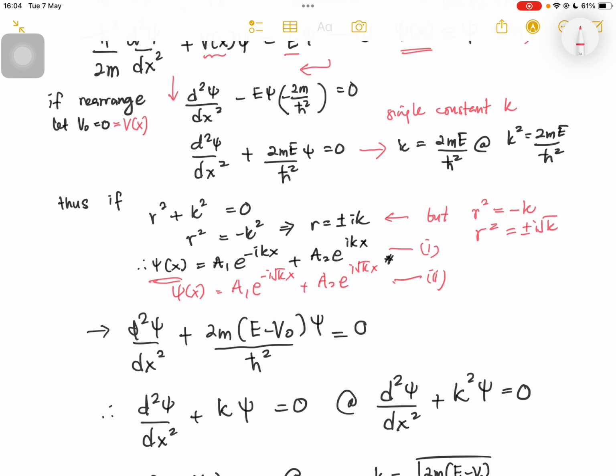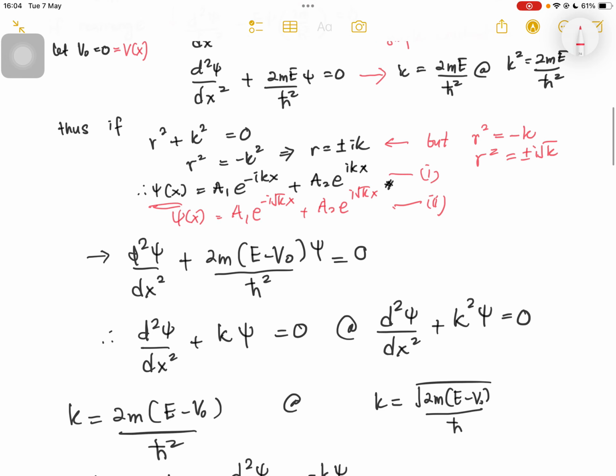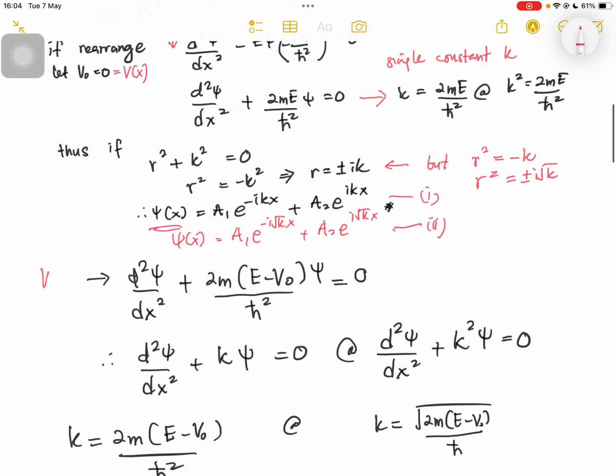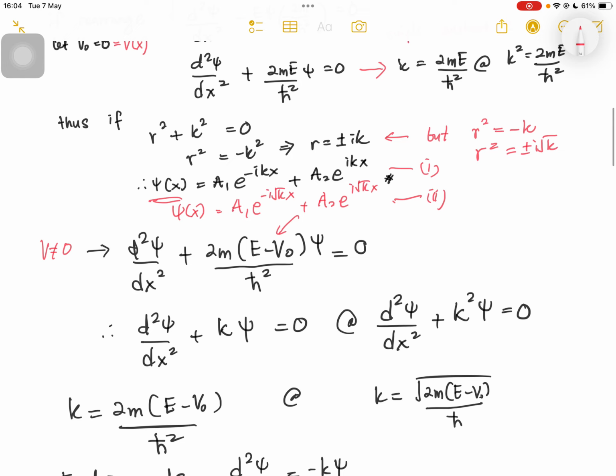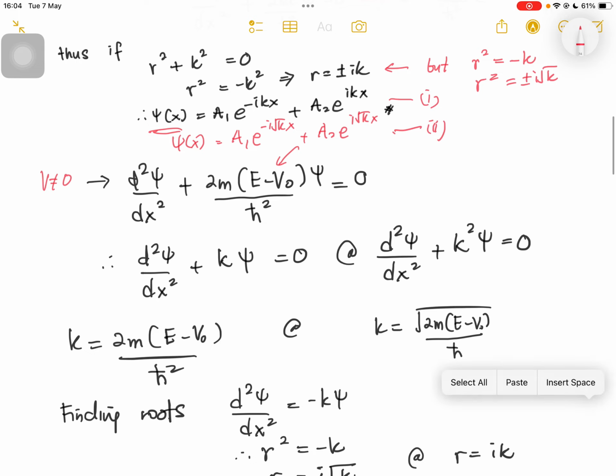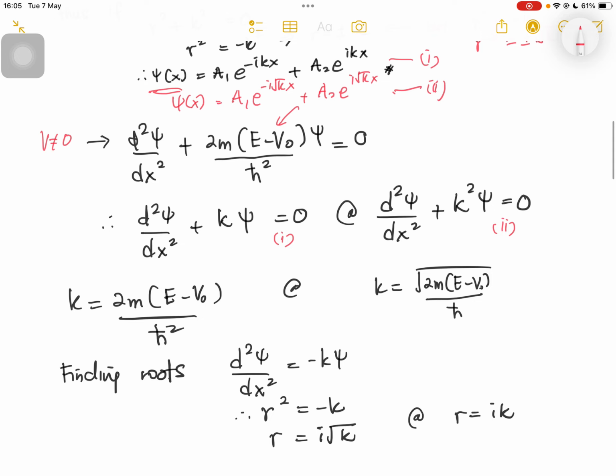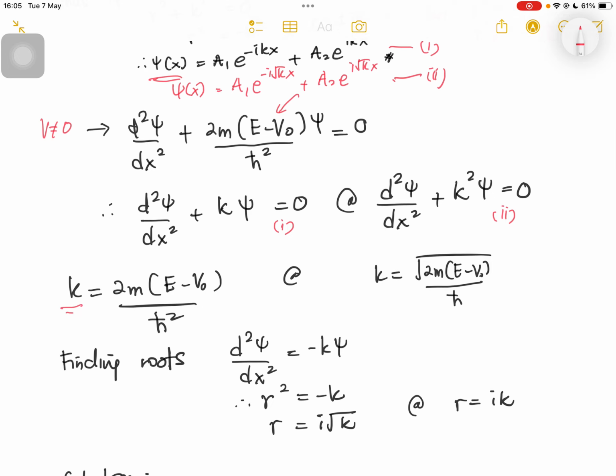So it's either. Now if your V is not equal to 0, so you have V naught, what you do is just include V naught inside your second term, and you are producing the same thing, either the first option here or the second option like this. Okay, so your k will be either this, or if your k square is equivalent to that, then you see you have a square root of everything with h bar.